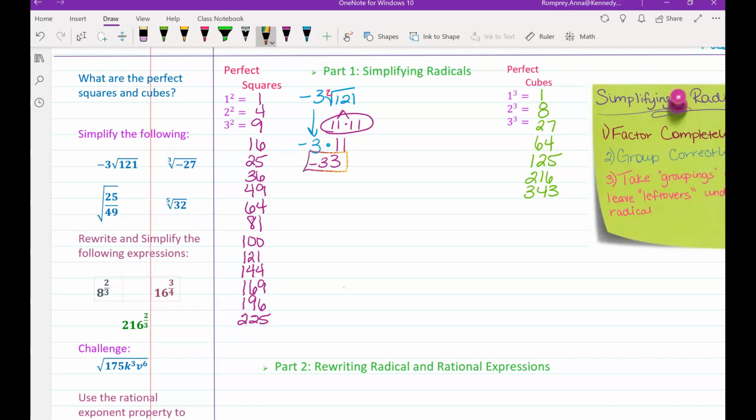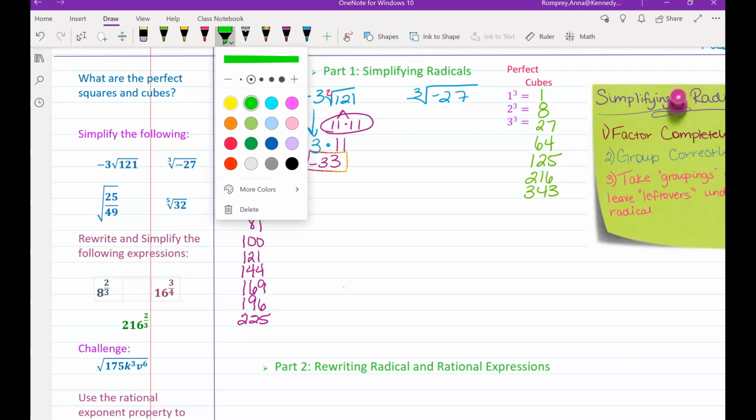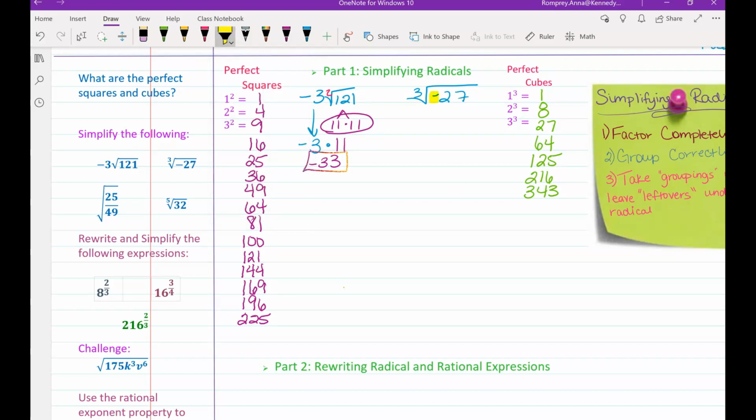So let's try another one. Cube root of -27. If you know that the cube root of 27 is 3, boom, it's 3. Well, it's not exactly 3 because we also have this negative that we have to make sure we don't forget about. But if you didn't remember that, you could go ahead and factor.